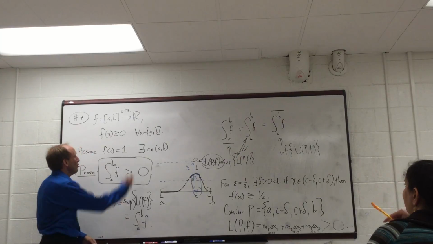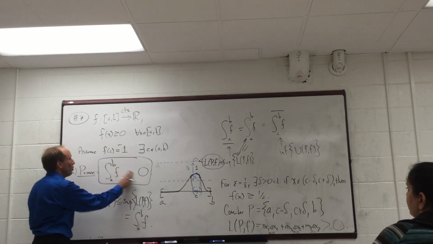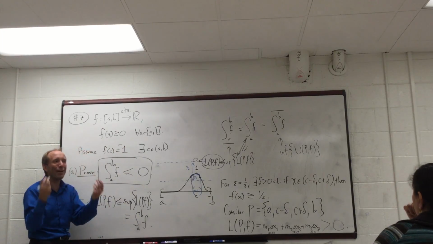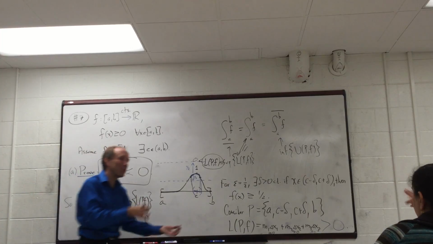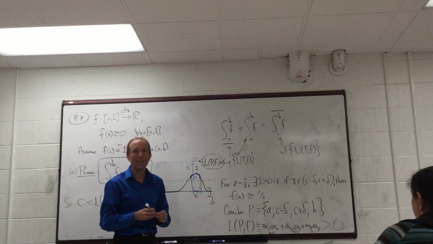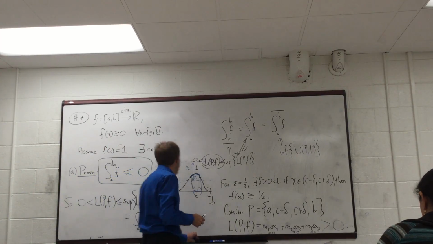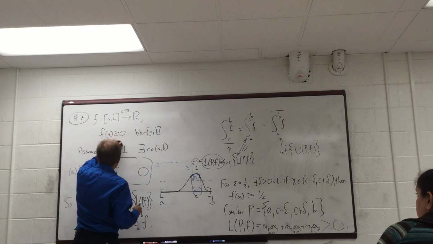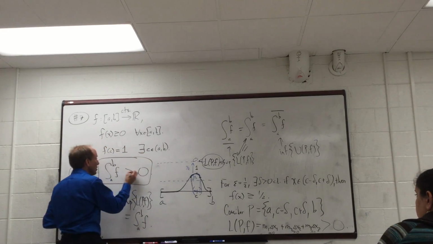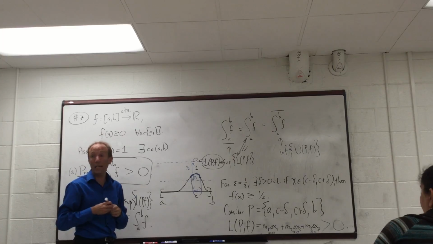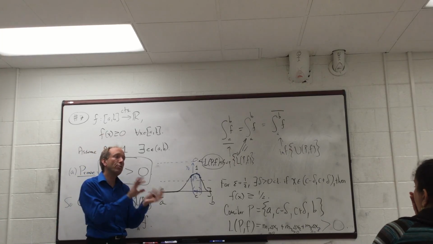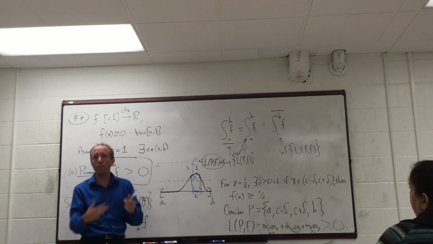Somebody's going to give you a -1 and say show less than 0, turn everything around. Now instead of the L's, you're going to be working with the U's. These are the things you can think about. I don't know what I'm going to ask on a test, but this is the kind of thing I like to do: take an idea you already saw and give it to you again in a slightly different format.